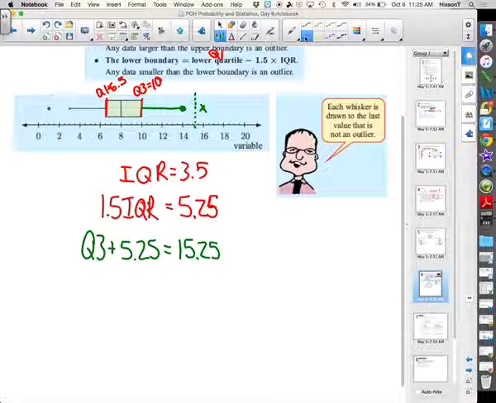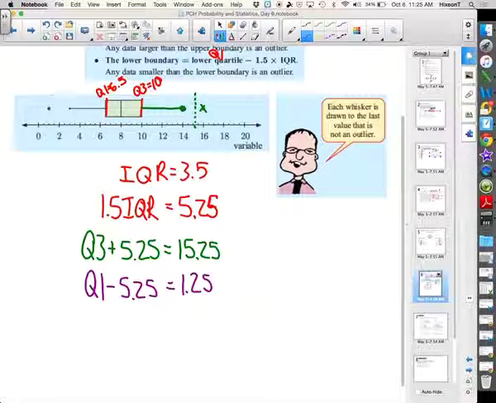We have Q1 minus 5.25. Q1 we said was 6.5, so what's our lower boundary? 1.25.